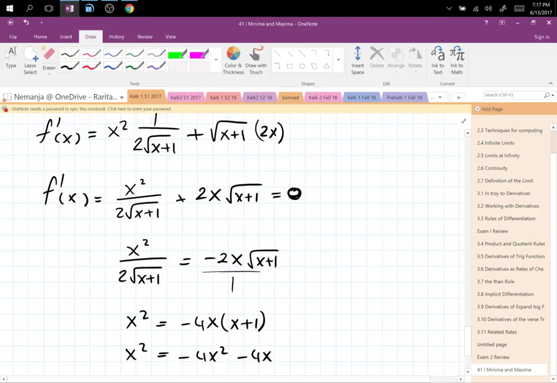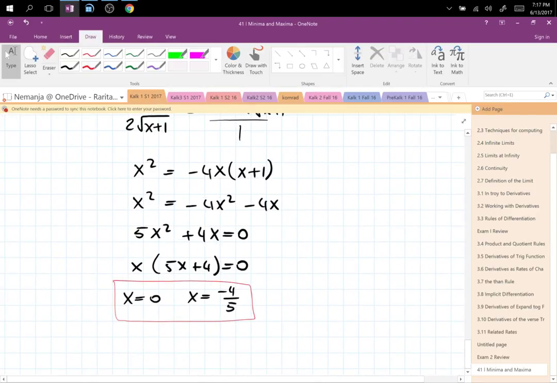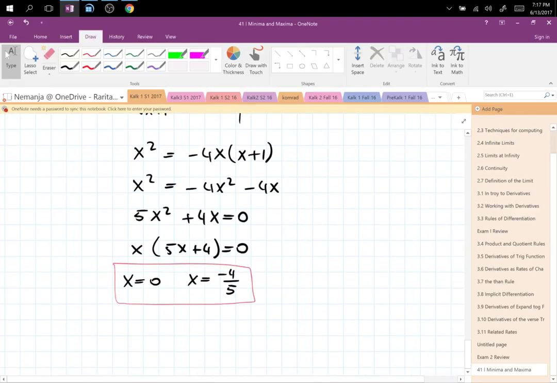The domain is any value larger than negative 1. Both of these values are larger than negative 1, so we get to keep both. And we can actually compute. When x is equal to 0, f of 0 is 0 squared times the square root of 0 plus 1, which is 0.